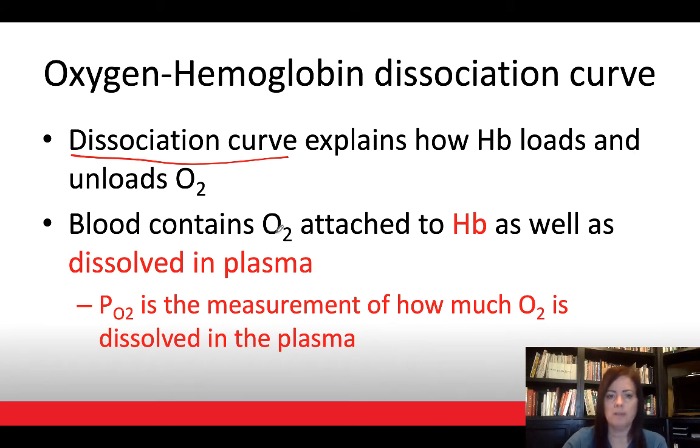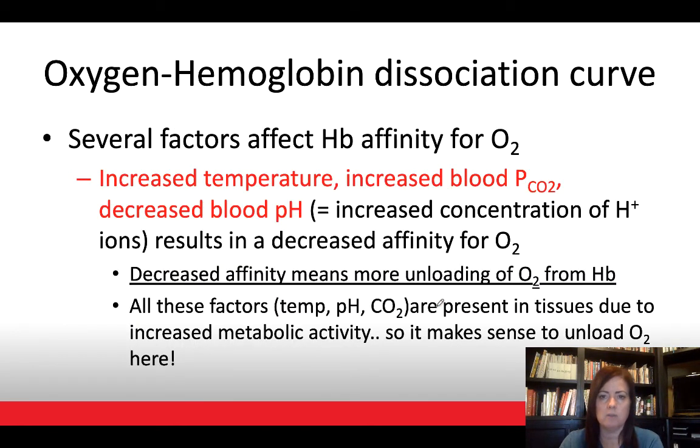So blood contains oxygen attached to hemoglobin and dissolved in the plasma as well. And our PO2 is the measurement of how much oxygen is dissolved in the plasma. It's basically how much oxygen is available in the bloodstream for our body to use.